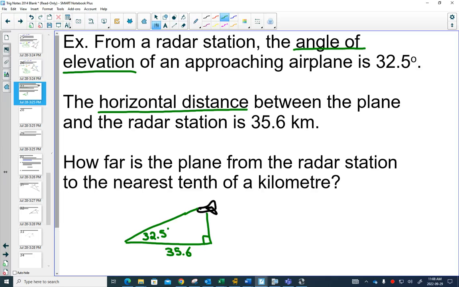How far is the plane from the radar station? So where are we going to put our x? What are we trying to solve? This side or this side? Opposite side or the hypotenuse? Because how far is the plane from the radar station?